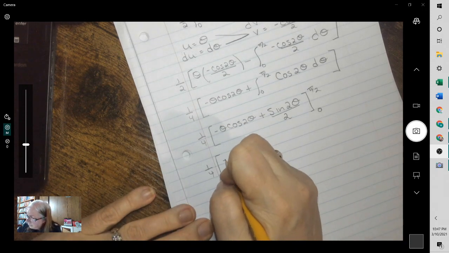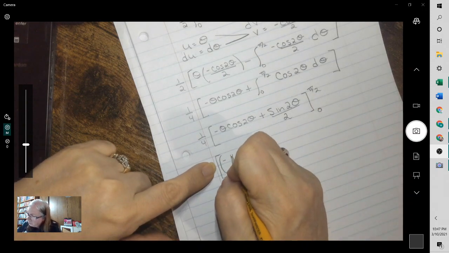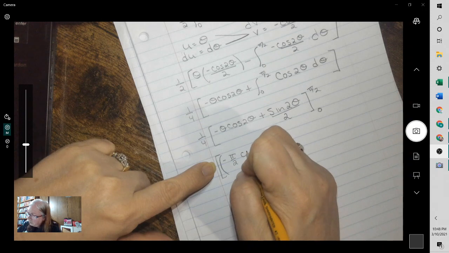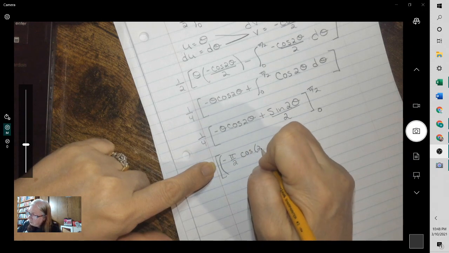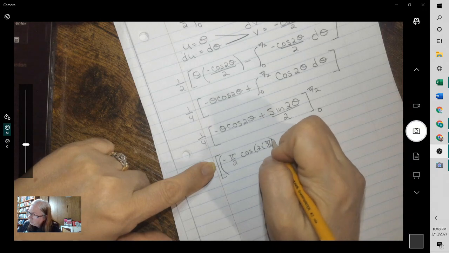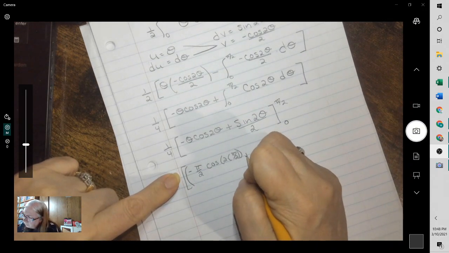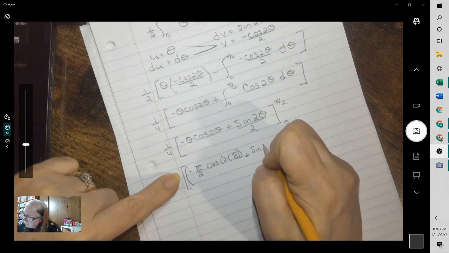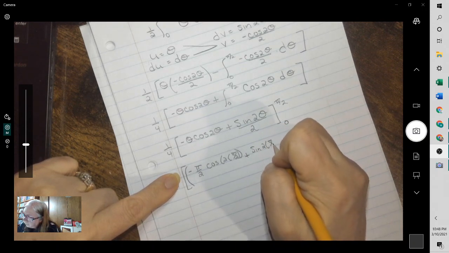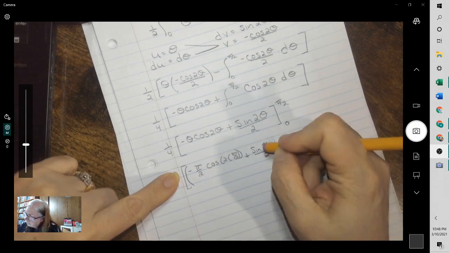We have negative, again the pi over 2, pi over 2 cosine of 2 times pi over 2 plus the sine of 2 times pi over 2, all over 2.